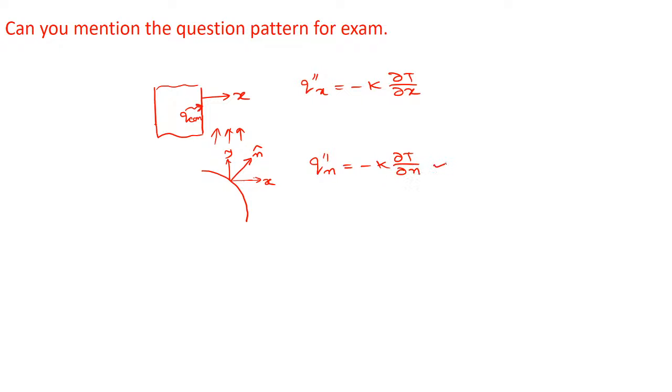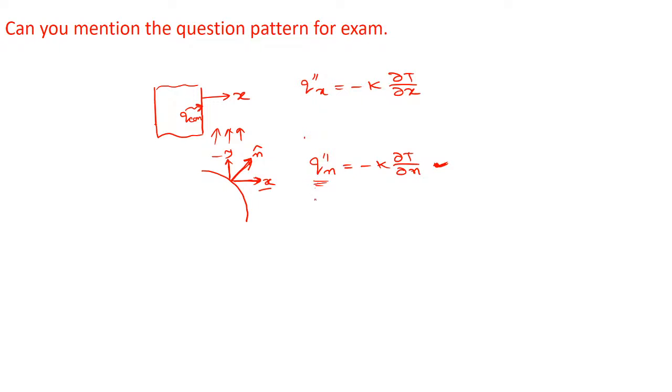So this is the heat transfer taking place normal to the surface. Now if you want to take two components, you can find from here two components in the x direction and y direction. But the heat flux is always normal to the surface, and we calculate q double prime n equal to minus k del T by del n, where n is the normal to this surface. You can have two components in the x and y direction, and that's why it is a vector quantity.